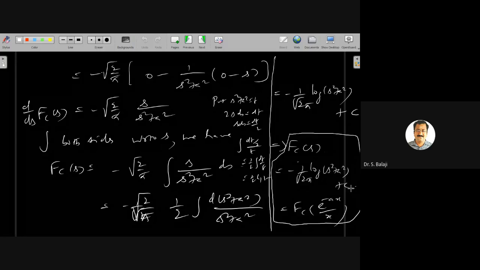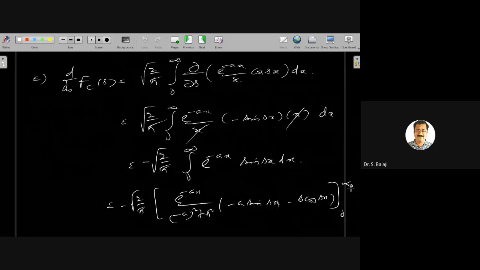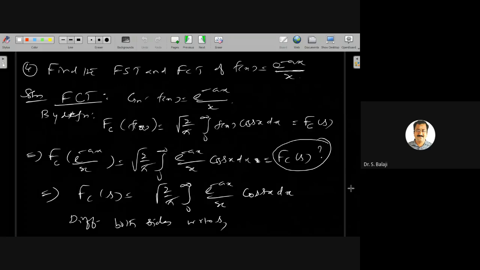Okay, right. In the same manner, can you give the answer for the Fourier sine transform of e power minus ax by x? Can you give the answer here? All of you try the same procedure, but with the Fourier sine transform definition.